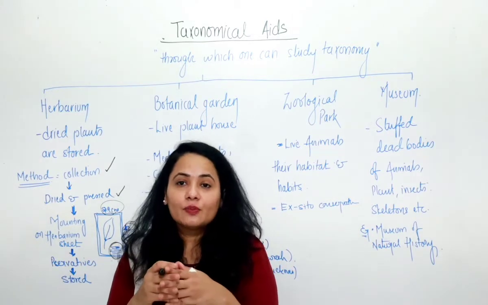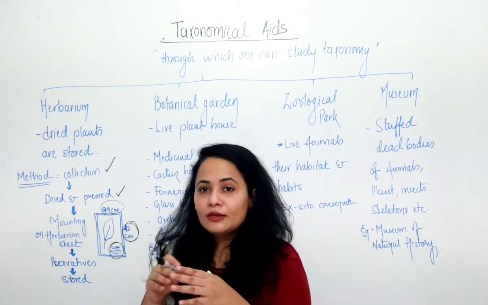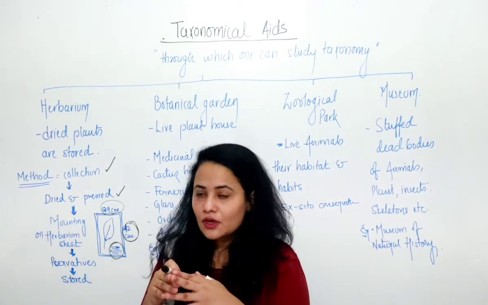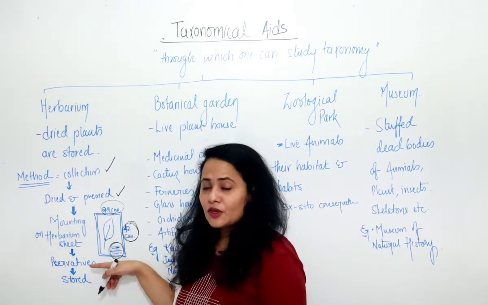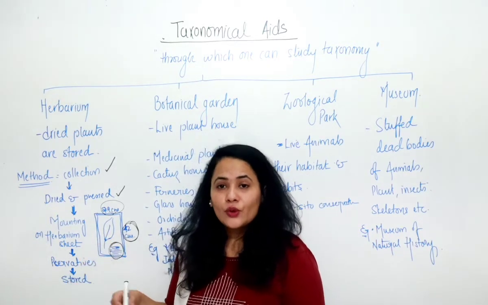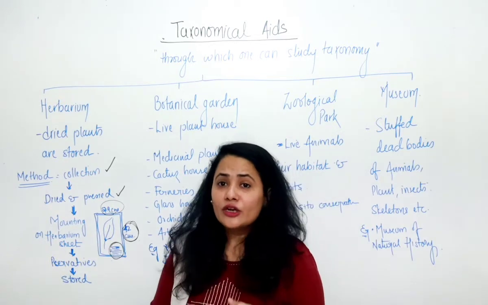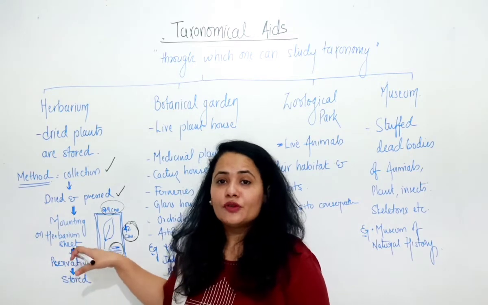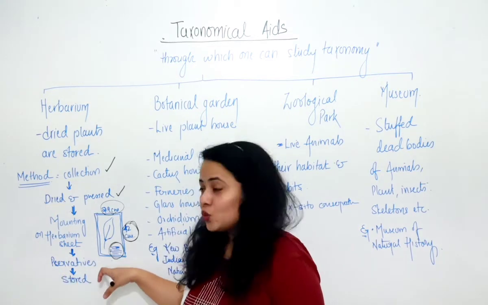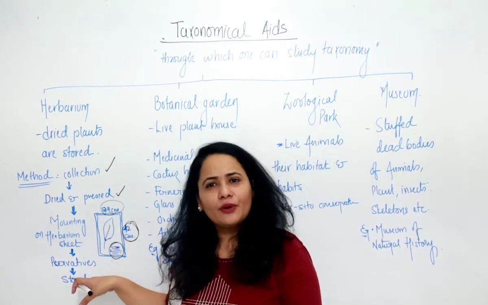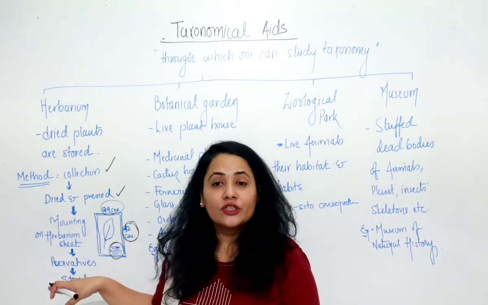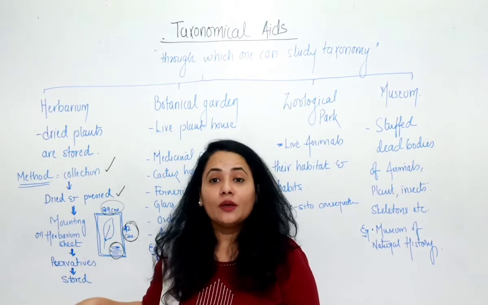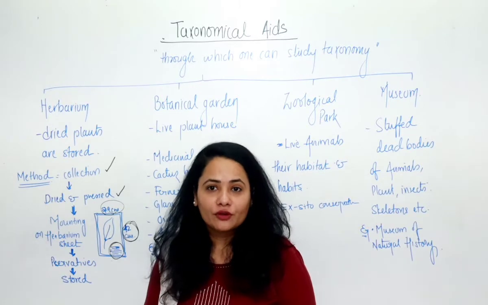And then, on that, we spray some preservatives. Why do we add preservatives? Because you know that it is a sample which can be degraded or decayed by fungi or some insects. So in order to keep it preserved for a longer period of time, we spray some chemicals on it which act as preservatives.